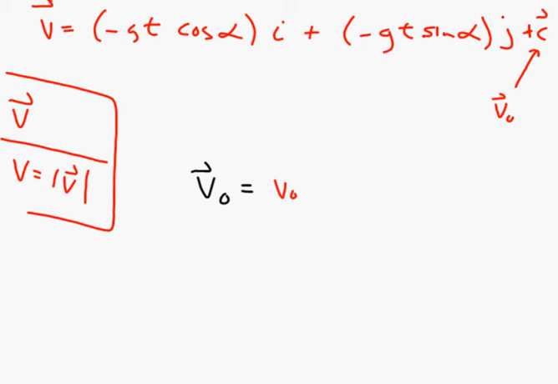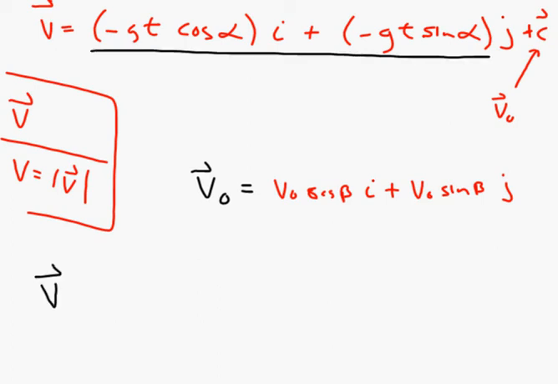This is v0 cosine beta i plus v0 sine beta j. All right. So then our velocity vector in total is going to be the sum of this vector plus that vector, which I just expressed here.